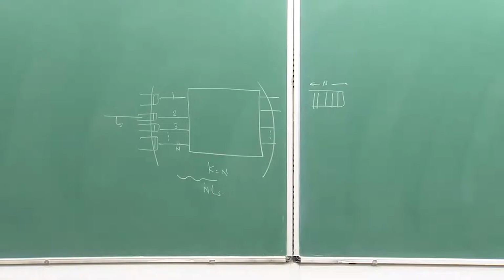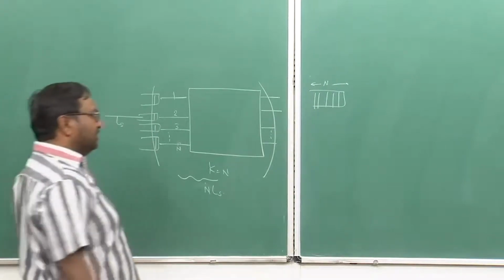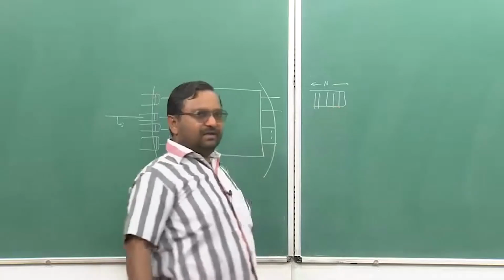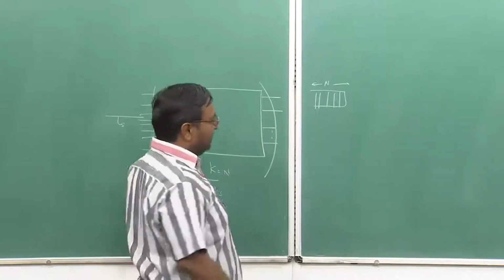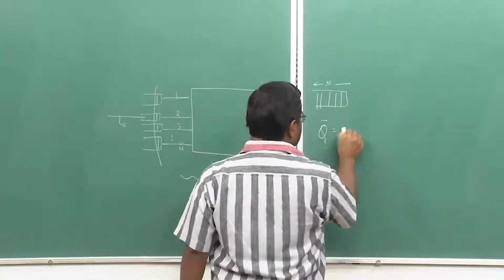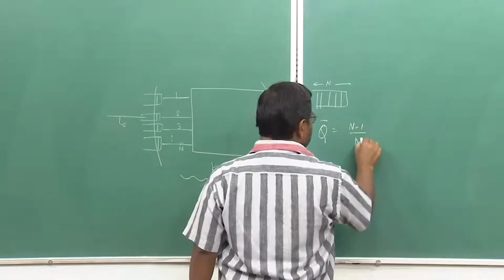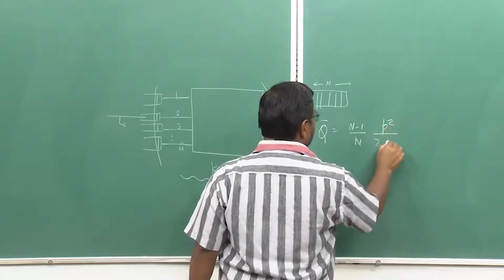So, we actually had estimated what will be the queue length earlier, and that was given by q bar is equal to (n minus 1) by n, p square by 2 into (1 minus p).